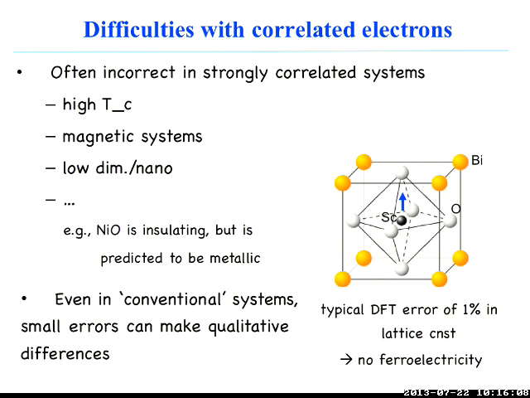It's within 1% of the experimental value. But that 1%, if you go off 1%, it wipes out the entire effect. There is no ferroelectricity. So there's been a lot of calculations, but how that's done is you sit this at the experimental lattice constant. Then you do see this effect. But that, according to the theory, is not the ground state.